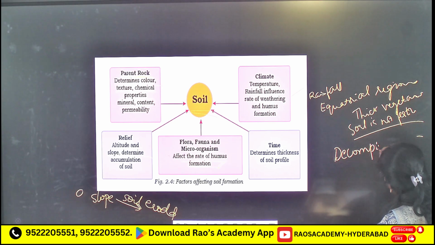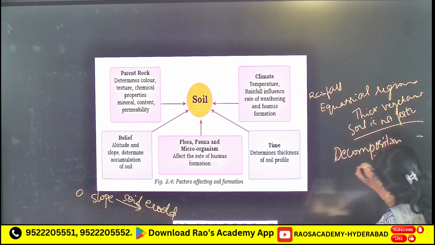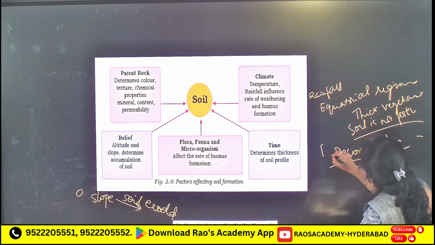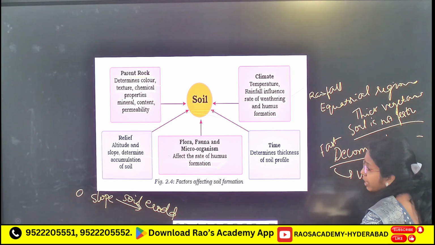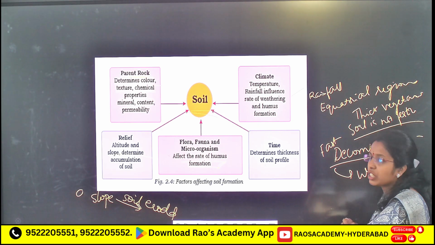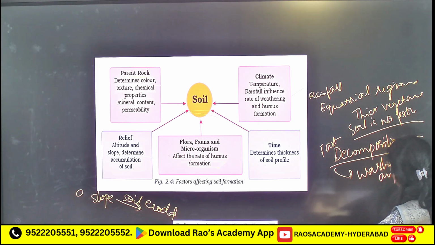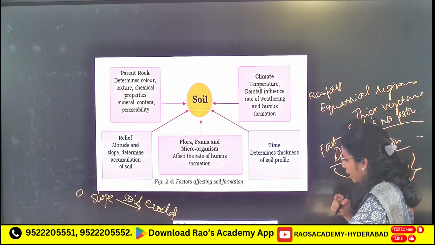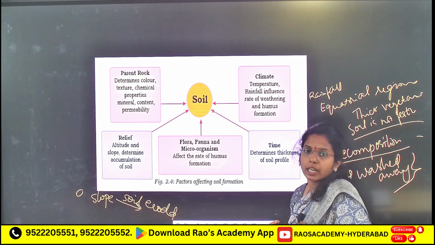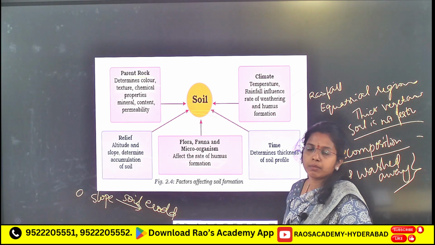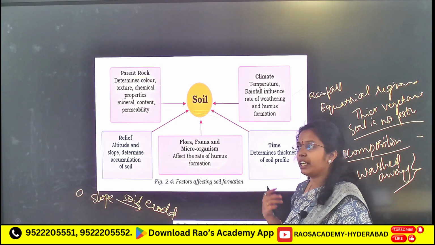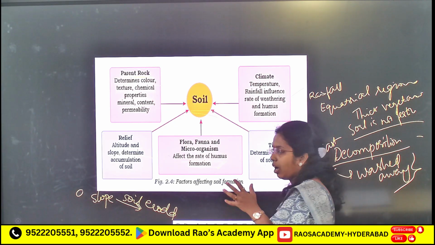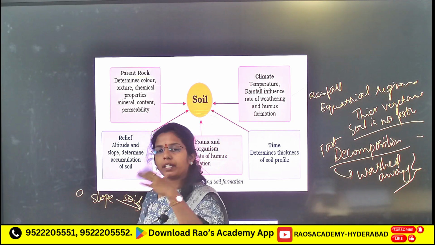You will see fast decomposition, and this fast decomposed material is washed away because of heavy rainfall. In equatorial regions you will see heavy rainfall. Because of this heavy rainfall, this decomposed organic matter is washed away. Humus creation is not complete, and even if decomposed material is formed, it is washed away.